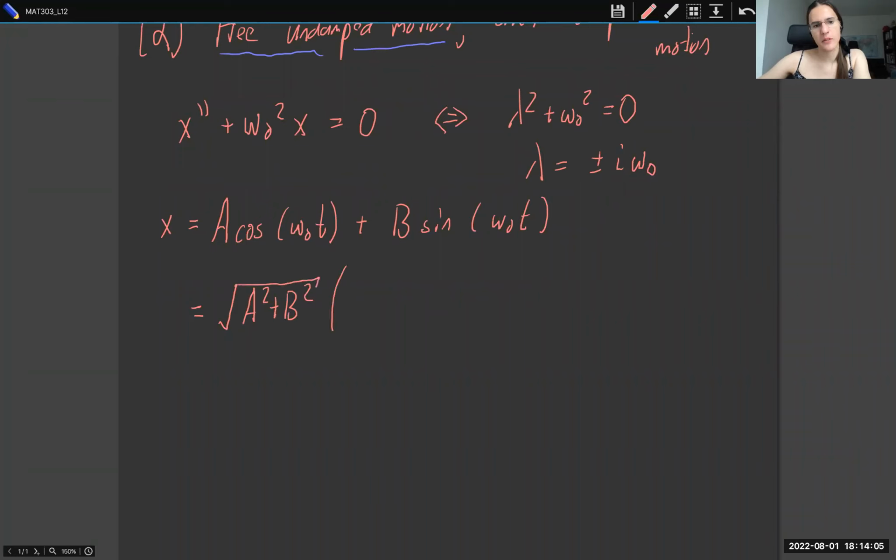And what does doing this accomplish? It normalizes it. So in particular, the point A comma B, where would it lie?